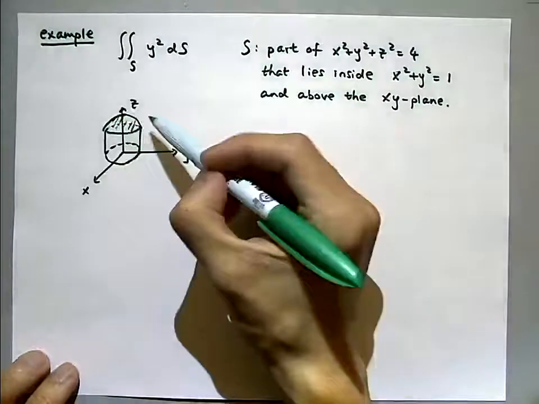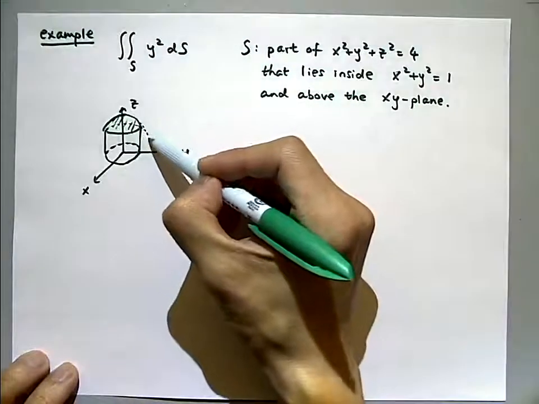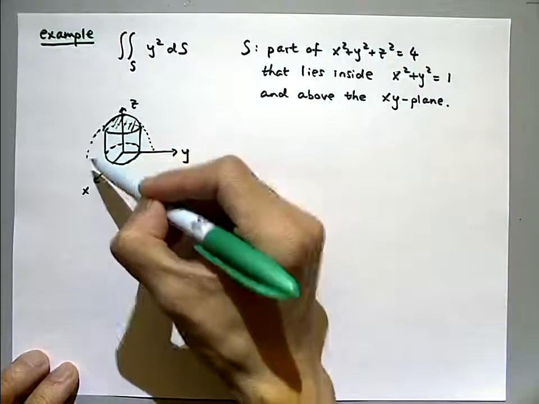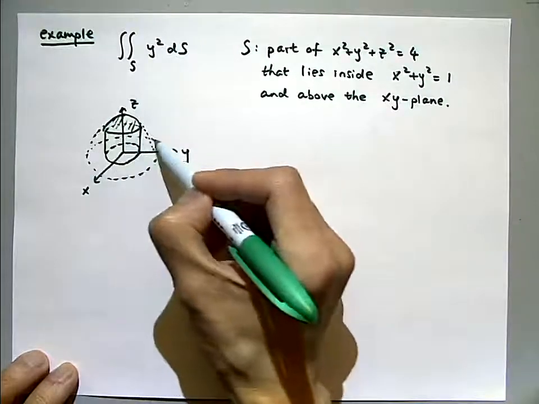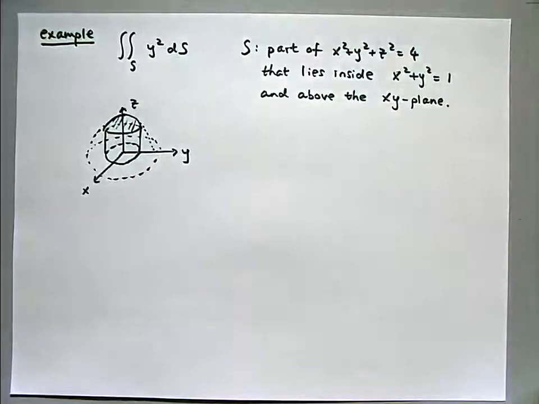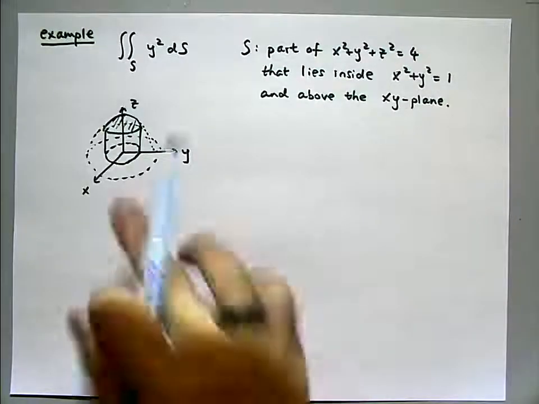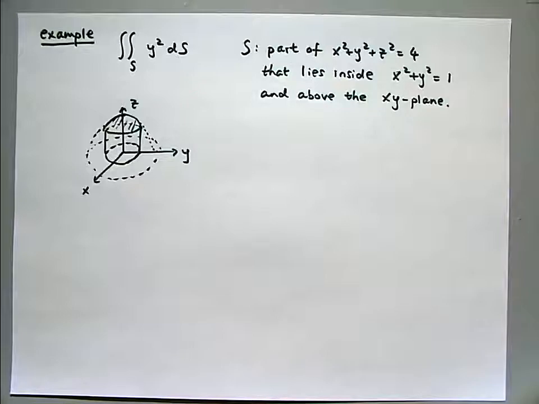And the sphere actually extends down, of course. We only care about the part that's right above that cylinder, capping off the cylinder here, and below is bounded by the xy plane.